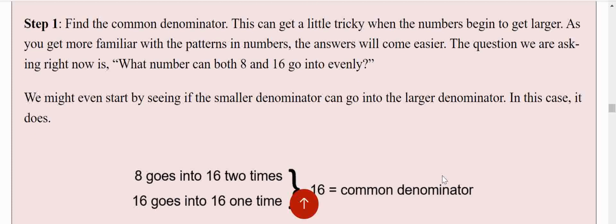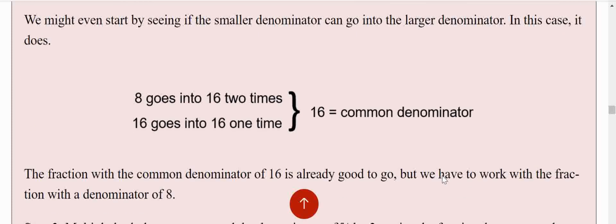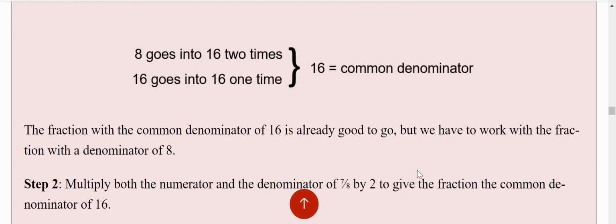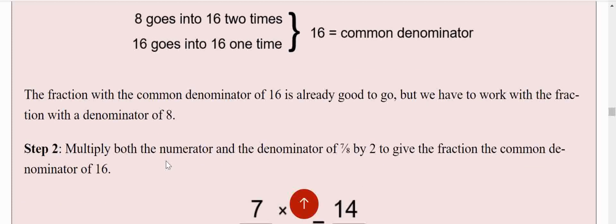In this case, it does. We know 8 goes into 16 2 times, 16 goes into 16 1 time, and we choose 16 because it's the common denominator. The fraction with the common denominator of 16 is already good to go, but we have to work with the fraction with a denominator of 8.